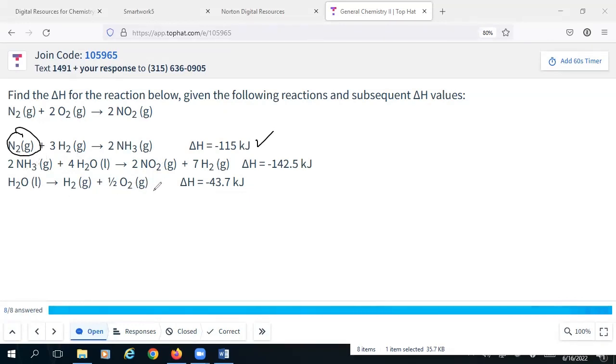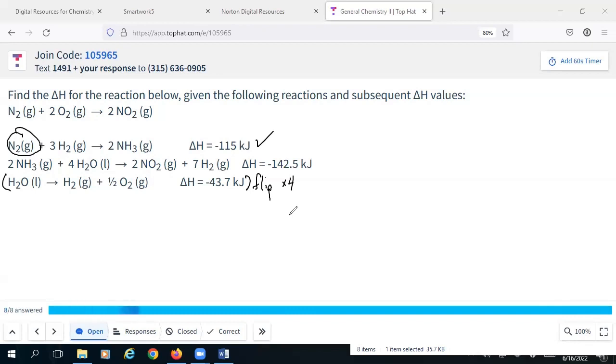So the oxygen I need is in this third equation. There's two problems with it. First of all, it's on the wrong side. And second of all, it's the wrong coefficient. So what I need to do is flip this equation to get it on the right side, and multiply it by 4 to turn the 1/2 into 2.